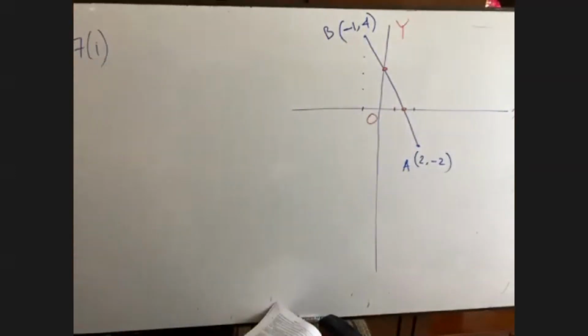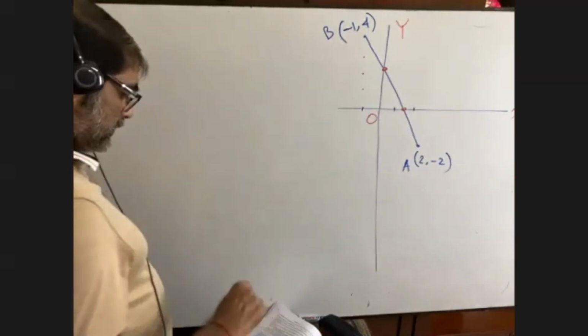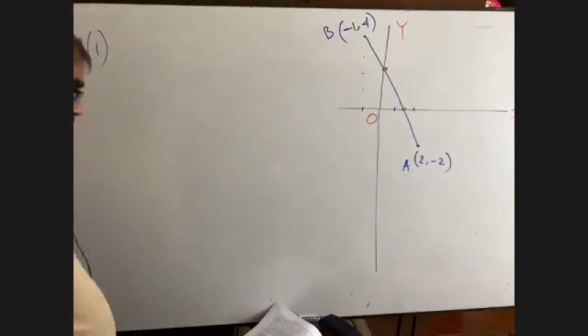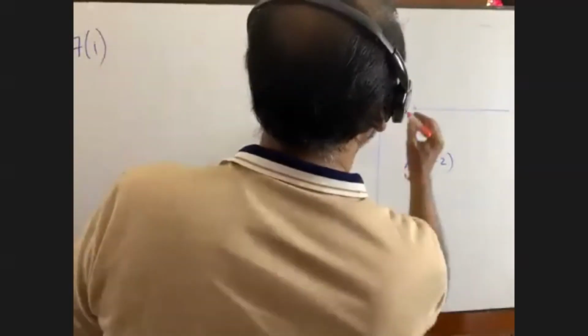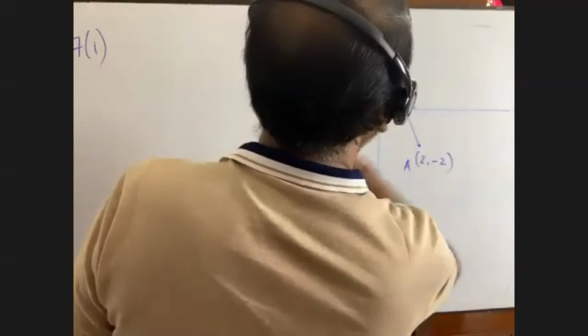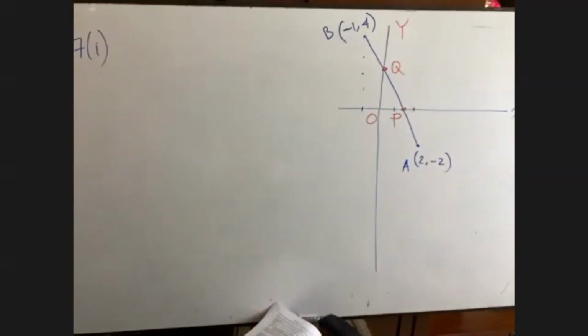Talk to me, all of you. Show that the line segment joining these points is trisected. That means we have to prove that, if the points are P and Q, AP is to PB is equal to 1:2.